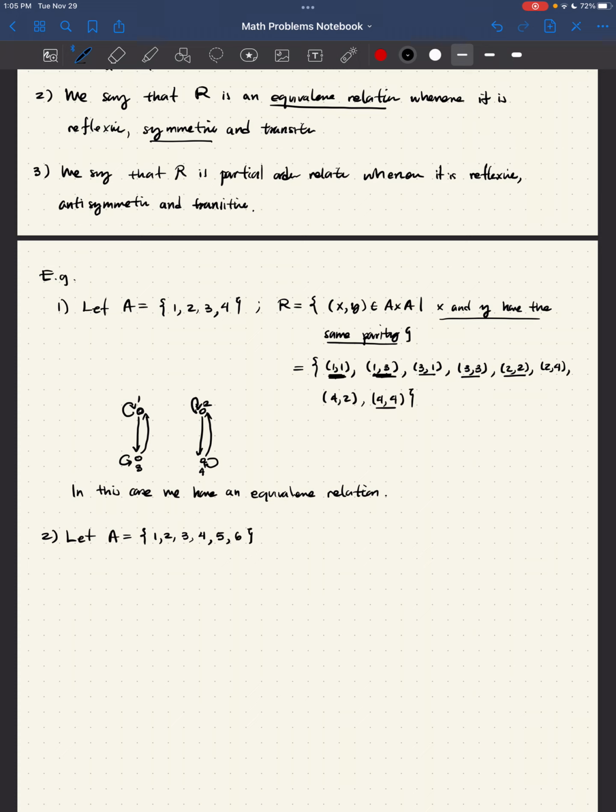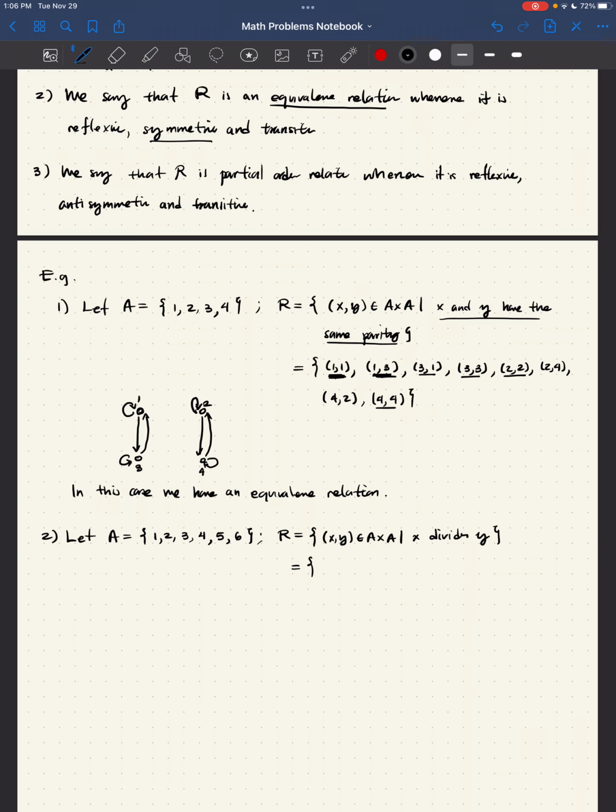And I'm going to indicate that 2 numbers are related whenever this happens: x and y are related when x divides y. Once again, the example is small enough so that we can enlist all the members of this relation.